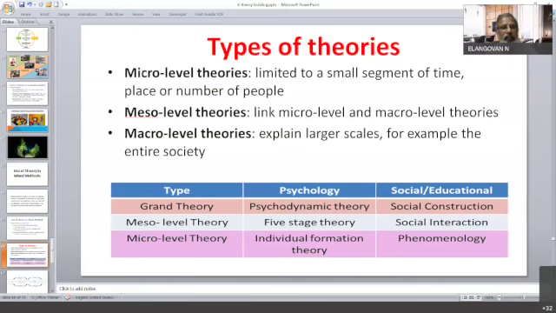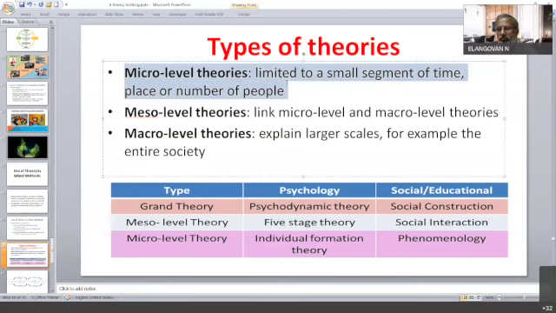So micro level theories. There can be micro level theories limited to a small segment of time, place, or number of people. That's a micro level theory. As I told you, a theory emerging out of a case study about one company can be a theory at a lower level.